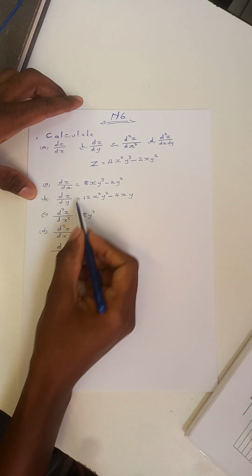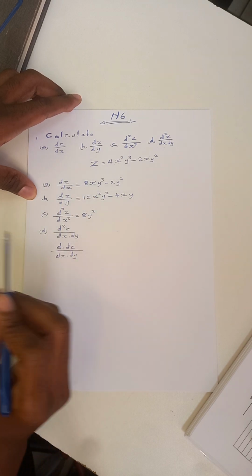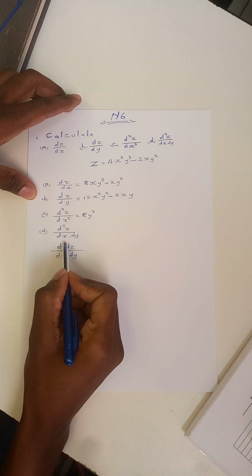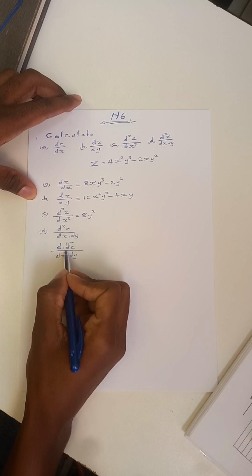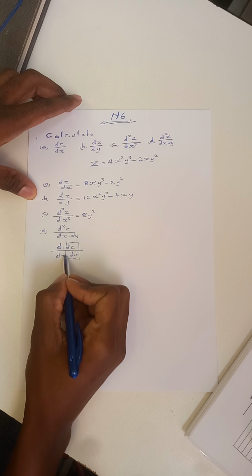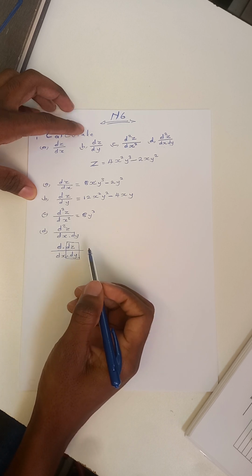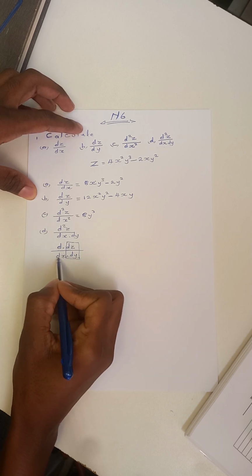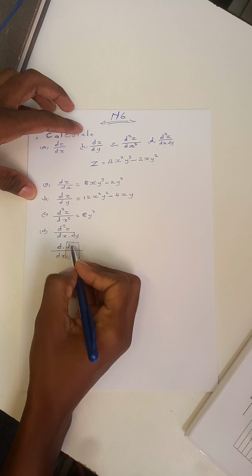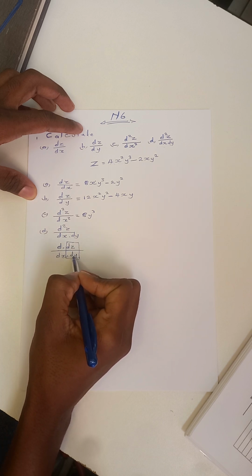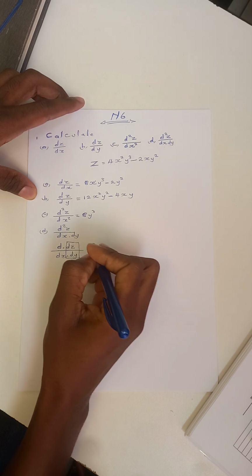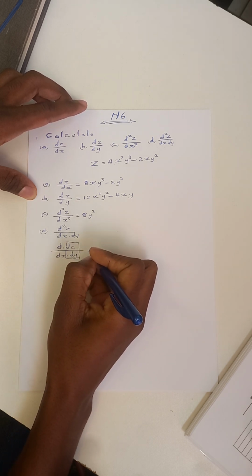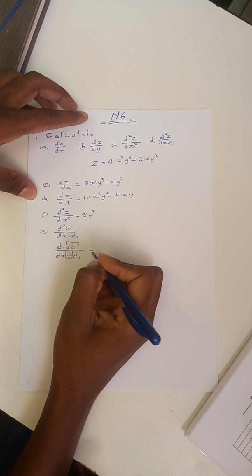Now, if you check from all these steps that we did, what we have is dz over dy. So it means what we have is this. But now we're going to be differentiating in terms of what? x. So you're just going to take your dz over dy, you put it in, and then you differentiate in terms of x. What I'm trying to say is that you'll be having something similar to this.